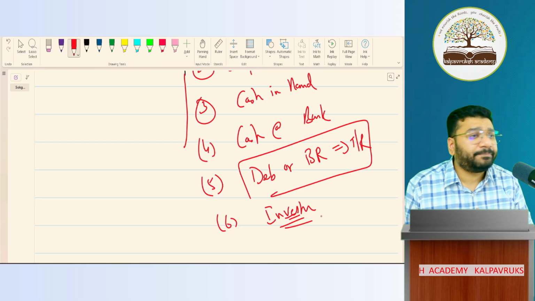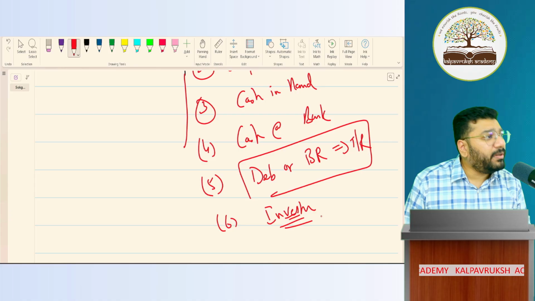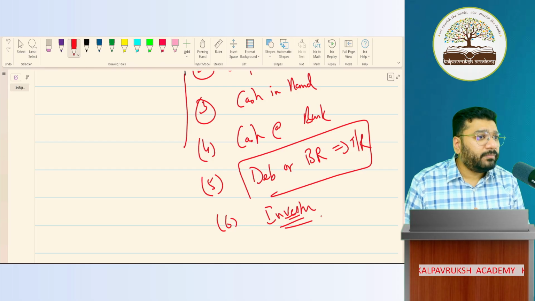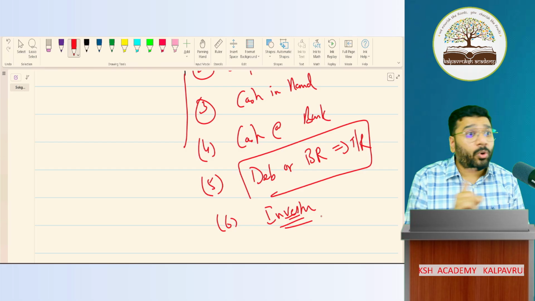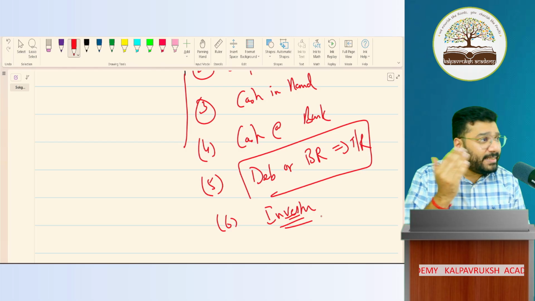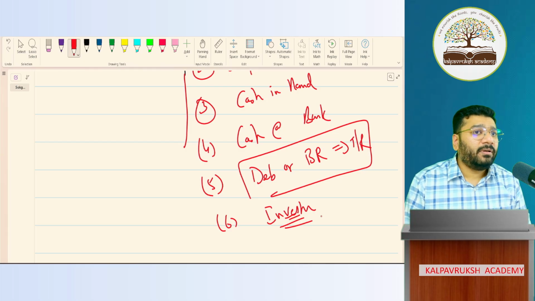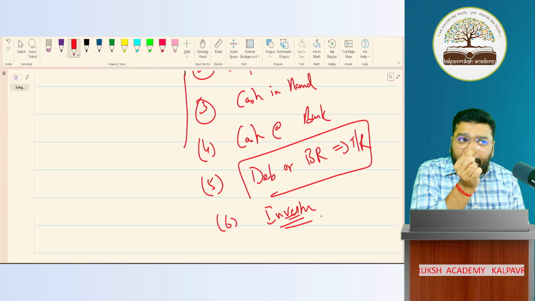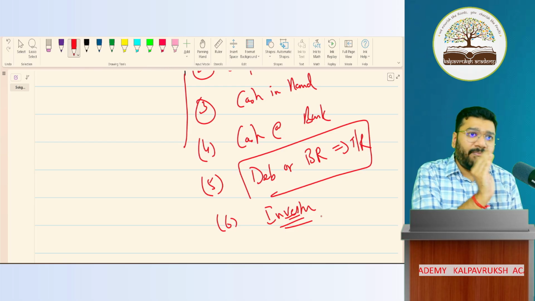Clear or not clear? Comfortable so far? Speed is fine? You want to pace up? Not from one person's point of view, I'm asking overall. Is this the correct pace or should I increase the pace? Increase the pace? Okay. I'll increase it a little bit in the next class. If you feel I'm going over fast and it is a little difficult to digest, let me know and I'll come back to normal.